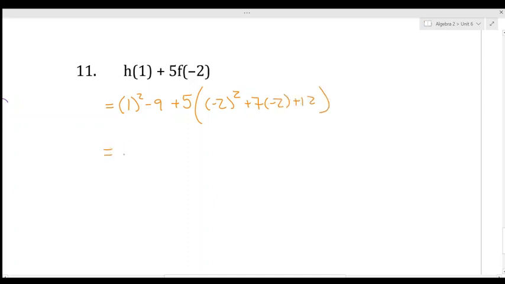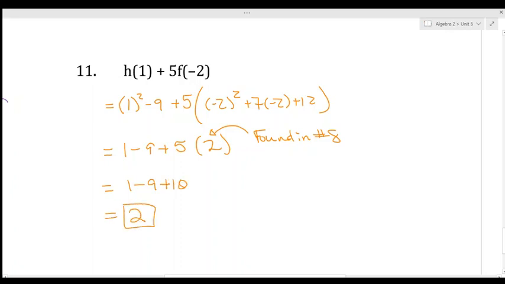This gives us 1 minus 9 plus 5 times 2, and the reason I can jump to this 2 is we found this in number 8. That was our answer for number 8. So this gives us 1 minus 9 plus 10, which is equal to 2.